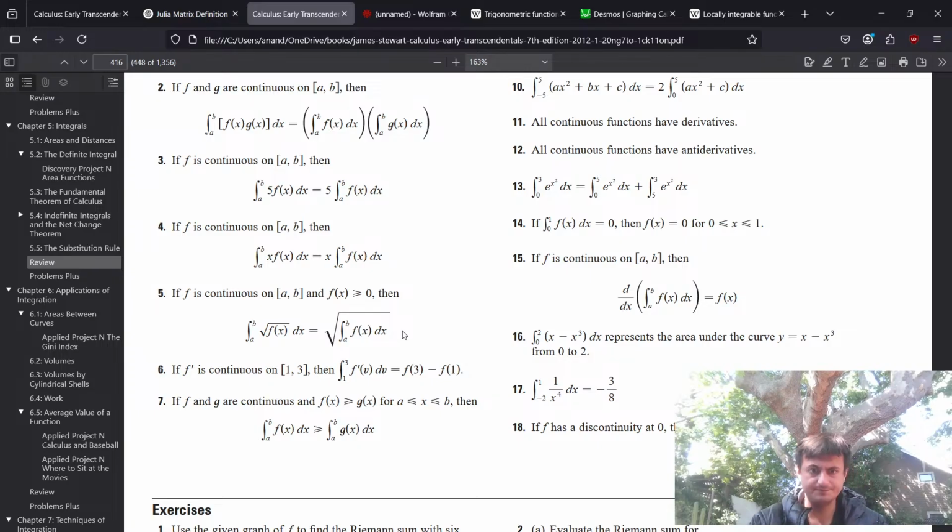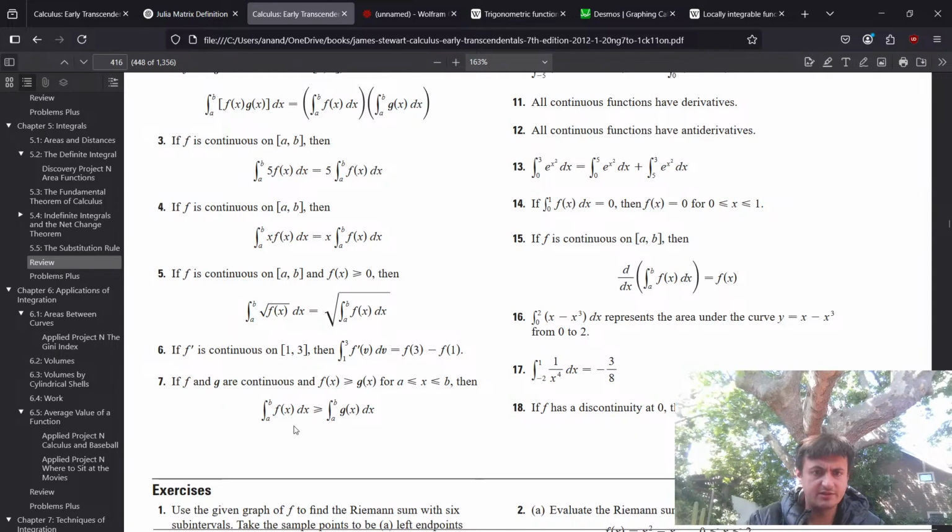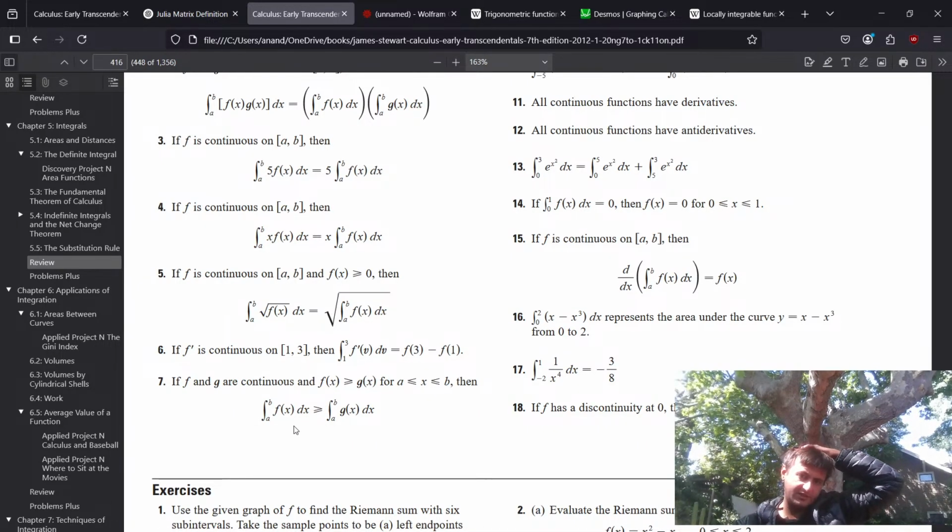That looks true. 7. f and g are continuous, and f of x is greater than g of x for all x in a to b, then that is true.